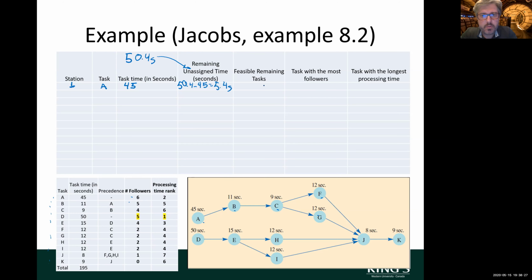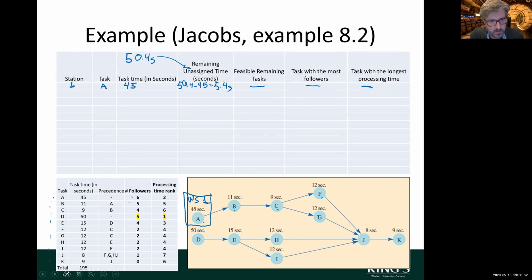So workstation number 1, there are no feasible remaining tasks. So all of this is empty. Is that okay? So that's workstation number 1. Now task A just became workstation 1.